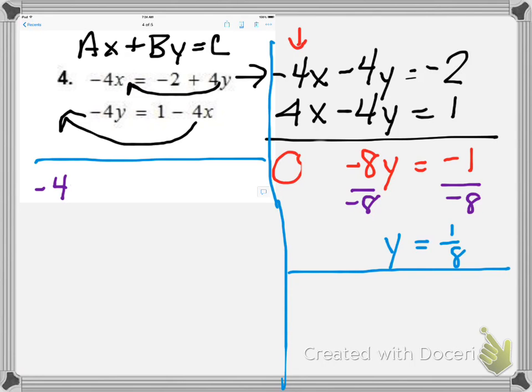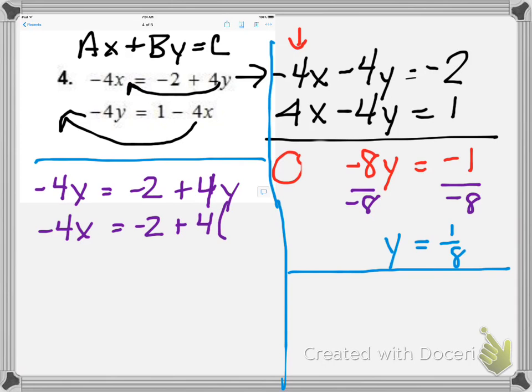So negative 4x equals negative 2 plus 4y. It will work. Okay, so now I have negative 4x equals negative 2 plus 4 times 1/8. And you can use your calculator.